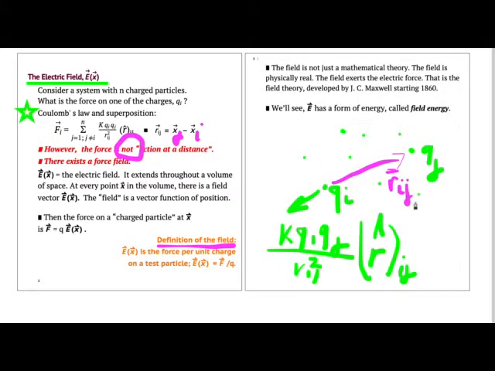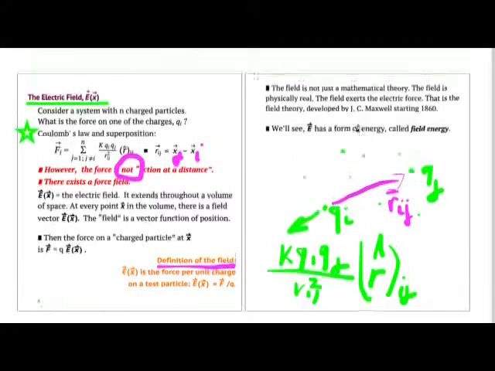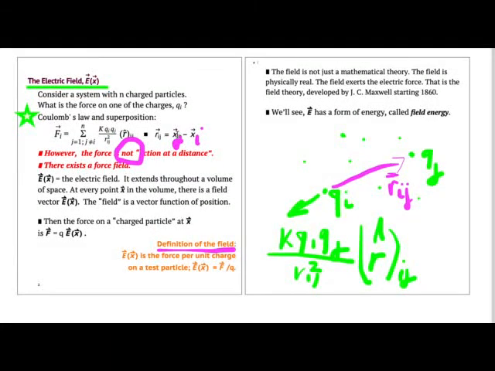The other charges don't exert the electric force because that would be action at a distance. The other charges create the electric field, and it's the electric field that exerts the force. Because the electric field is real. The electric field is just as real as the charged particles. So that's field theory.